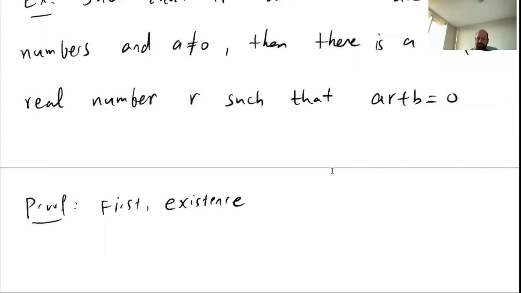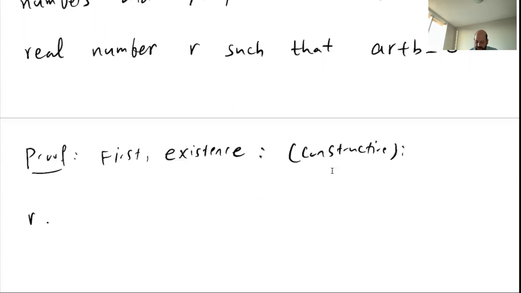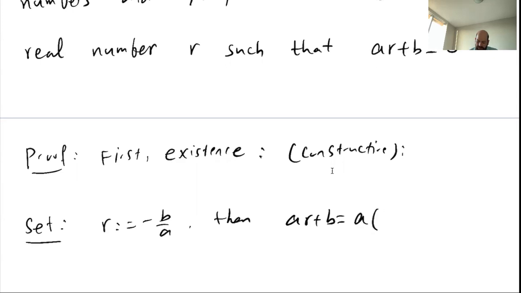Well, that's very easy, right? Just a simple equation. AR will be minus B. Therefore, constructive, R has to be minus B over A. So set R equals minus B over A. Then AR plus B will be A times minus B over A plus B, which will be 0.